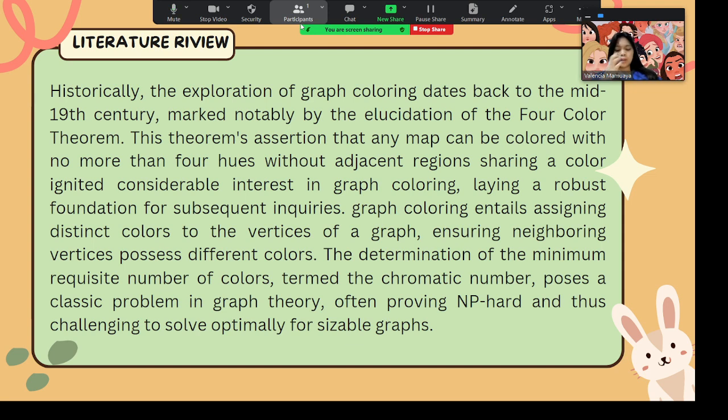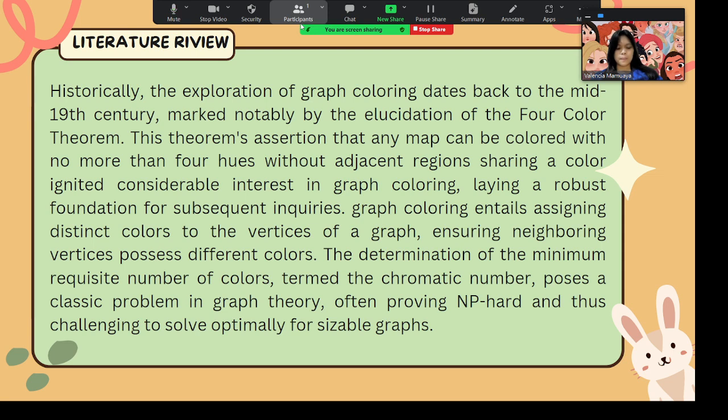Various algorithmic strategies have emerged to tackle graph coloring challenges. Greedy algorithms, exemplified by Dsatur and Welsh-Powell, offer pragmatic approximations by iteratively coloring vertices based on defined criteria to minimize color usage while upholding adjacency constraints.